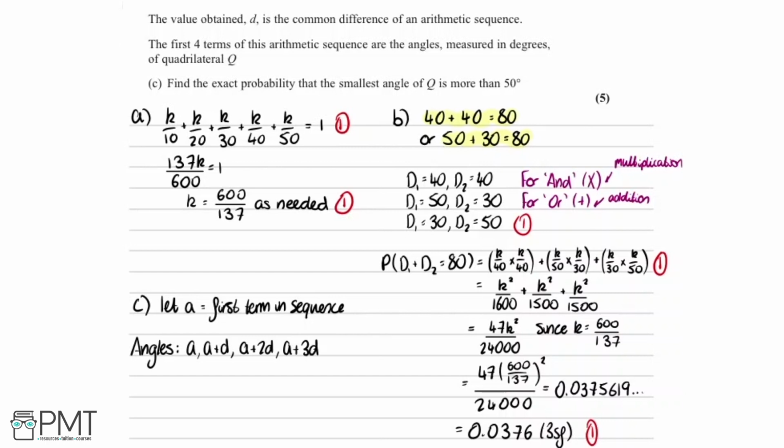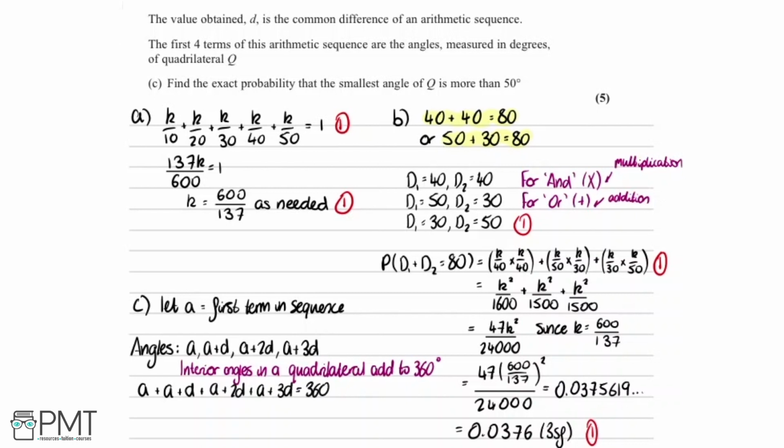So we've got a key bit of information that we need to remember: the interior angles in a quadrilateral add to 360 degrees. So all these angles added together are going to equal 360 degrees. So we've got A plus A plus D plus A plus 2D plus A plus 3D equals 360 degrees.